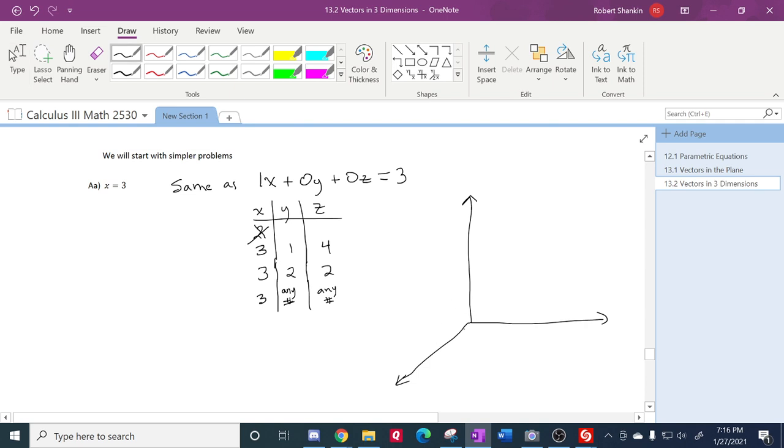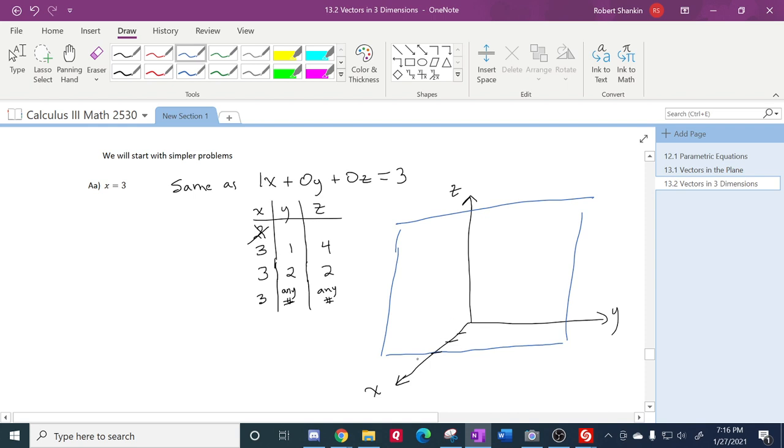So this is saying that x had to be 3. The y could be anything, the z could be anything. But the x always had to be 3. So what we get is this plane right here.